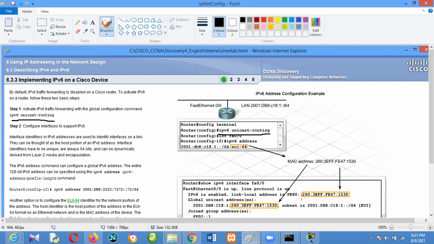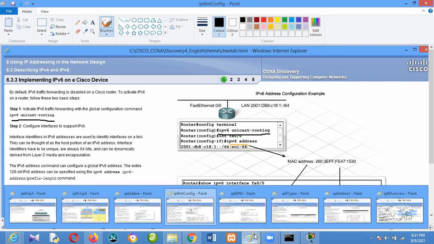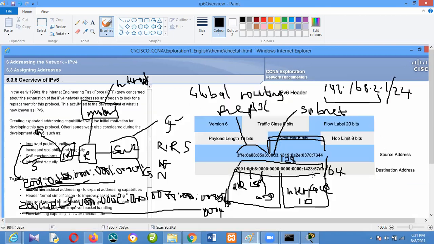Then, if you look at this IP addressing, it's very, very long. There is a way we can make it short. That's abbreviation.